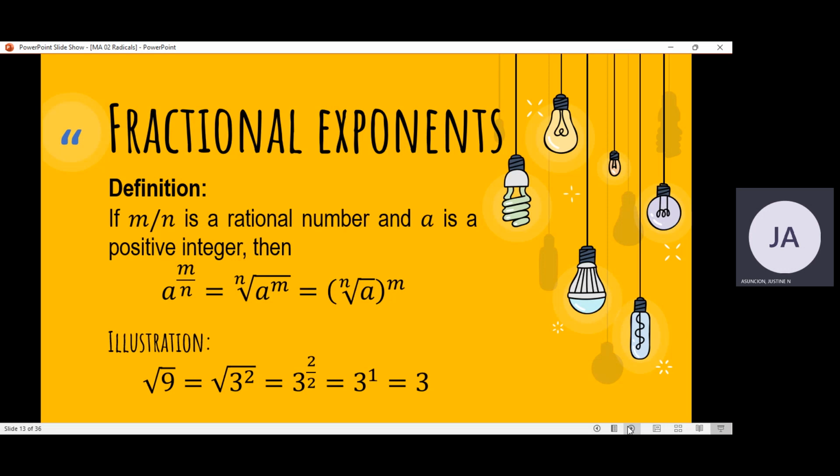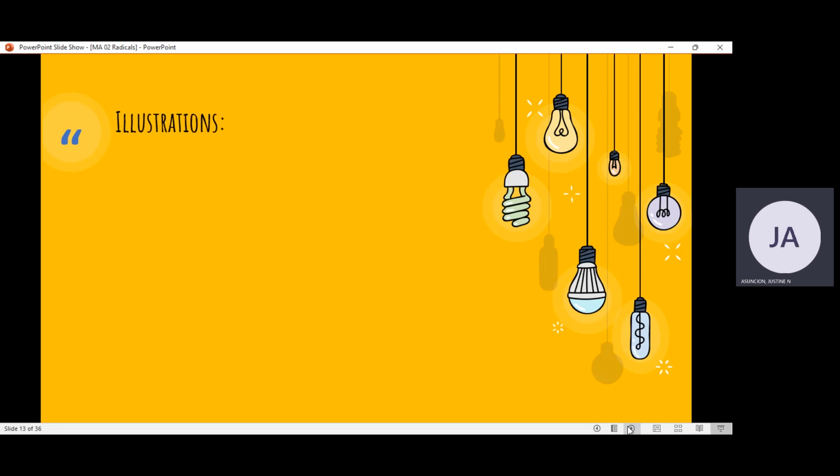As you can see, when we are solving for the root, we are after the positive value. But we also need to consider that there are times when our answer is negative. In this case, in the square root of 9, our answer is 3. Another example, we have the cube root of 8.